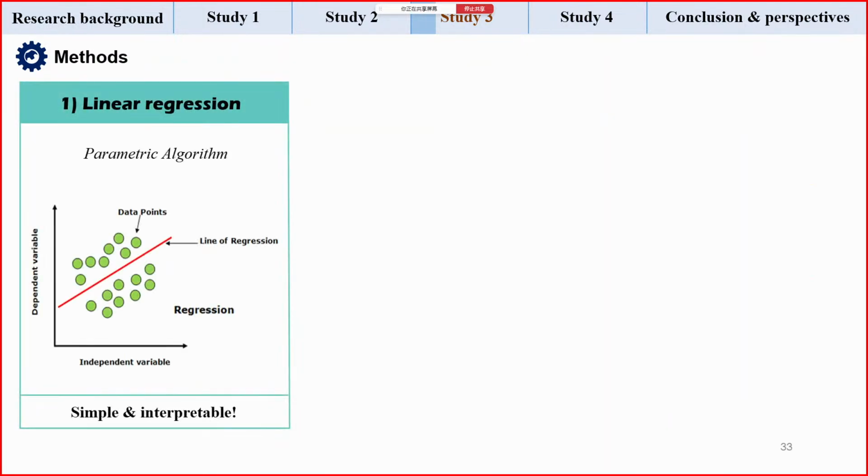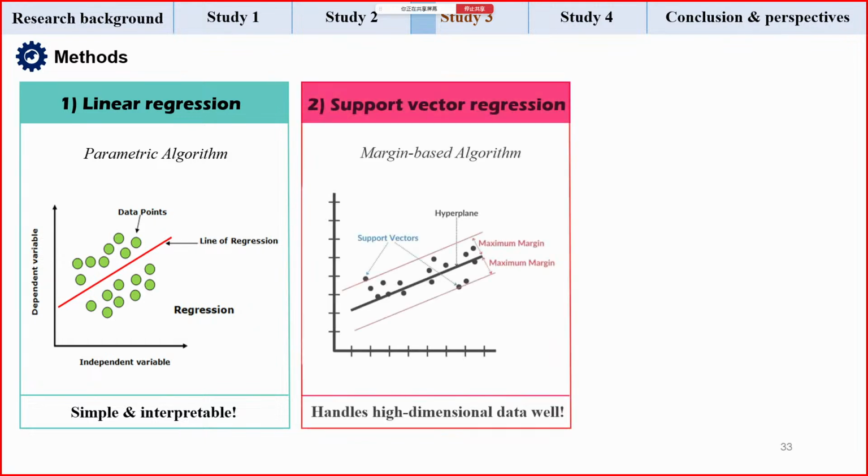In this study, we used 4 models. Linear regression fits a straight line to show the relationship between the variables, making it easy to understand. The support vector regression works by finding the best hyperplane that minimizes the prediction error, and it works well with high-dimensional data.